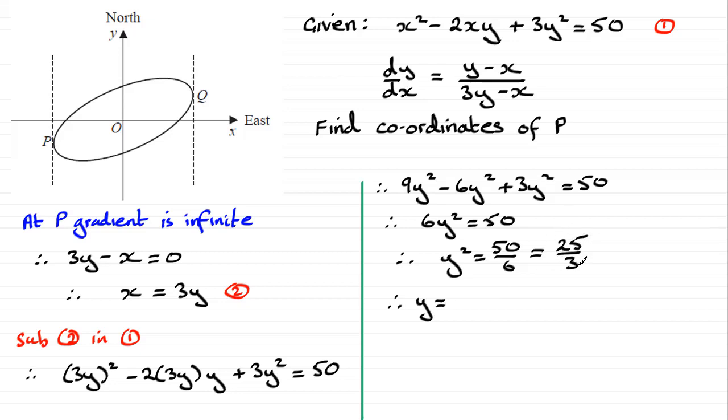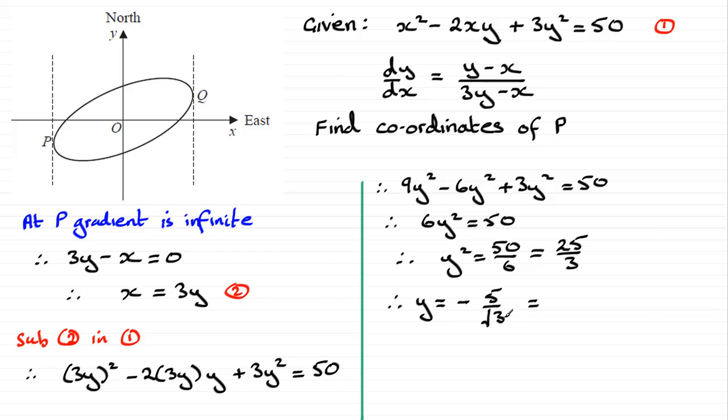of 25 over 3. Well, we only want the negative value, not the positive value, because the y coordinate of P is clearly negative. And if you square root this fraction, the square root of 25 is 5, and in the denominator we would just leave it as root 3. You could leave it like that, or you might want to rationalize this by multiplying top and bottom by root 3.